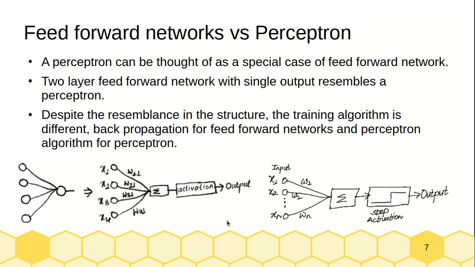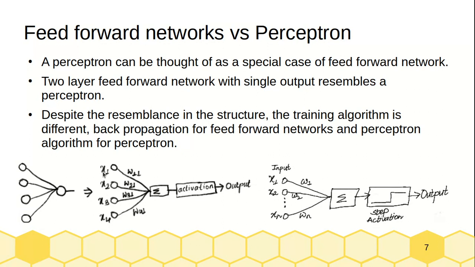Let's see the similarities and differences between the feed forward network and the perceptron. A perceptron can be thought of as a special case of a feed forward network. If we take a single input layer and a single output layer, and the output layer consists of only one neuron, then the network looks quite similar to the perceptron network.